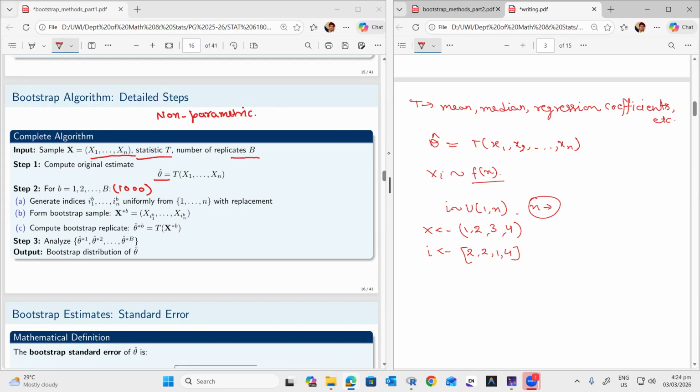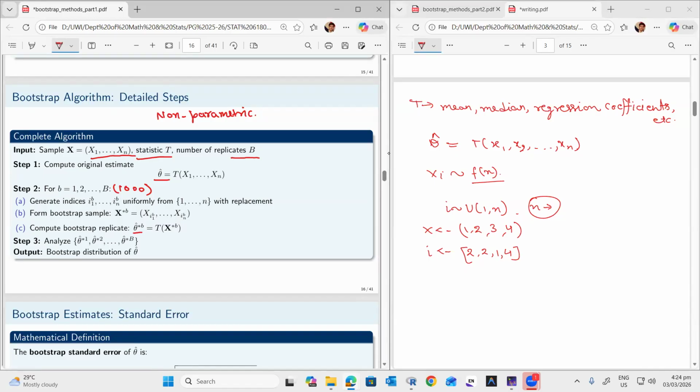I will generate the data again and again, and compute the bootstrap replicates. For every single sample, I compute the theta cap, which I denote by theta cap star b. After that, I get theta cap star 1, theta cap star 2 up to theta cap star B. If I take B equals 1000, I get 1000 values of theta cap star, which denote the bootstrap distribution of theta cap.